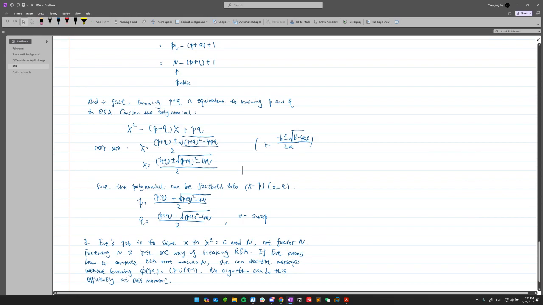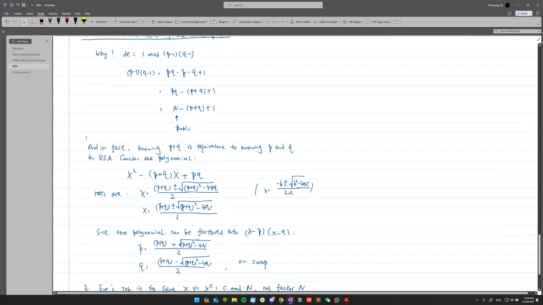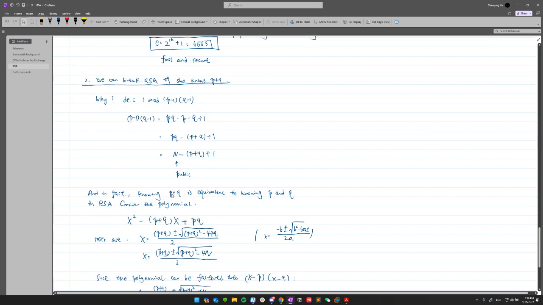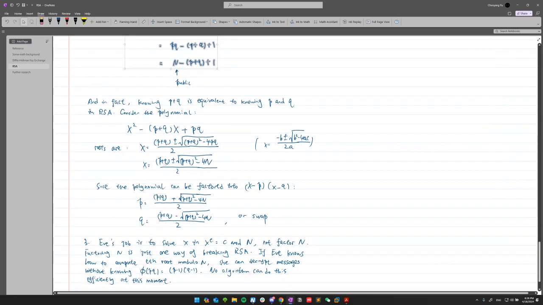Yeah, you can see P equals this and Q equals this, or just swap the order. It actually doesn't matter. You can see from the expression that if you know the information of P plus Q, and N is public knowledge, you can solve for P and Q fairly quickly. Yeah, this is just a fun proof of the equivalence of P plus Q and P and Q, but you don't have to do that because once you know P plus Q, you can just compute this phi n. Okay.